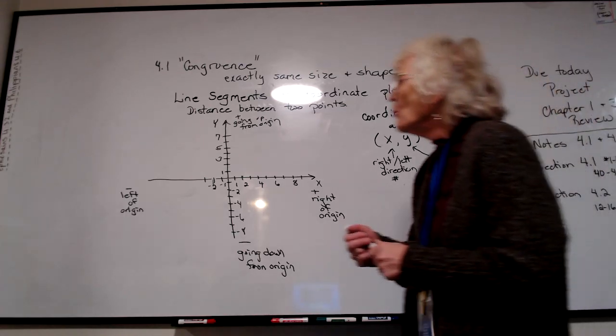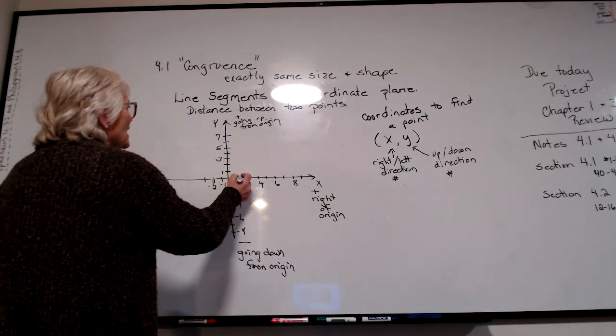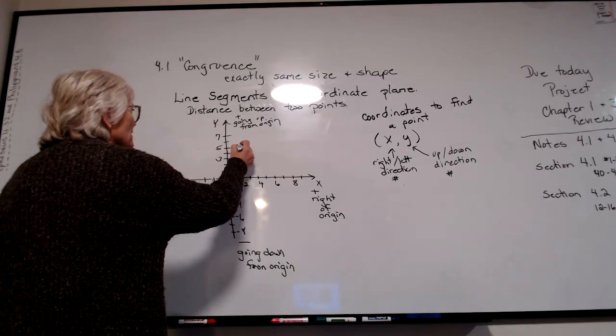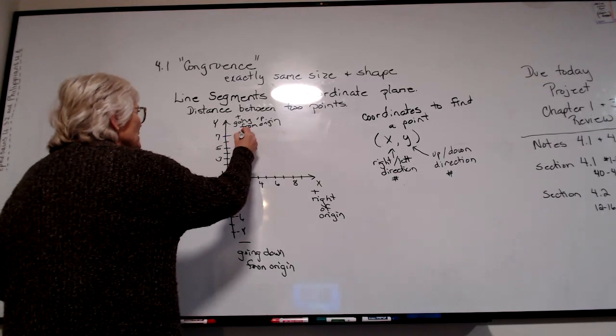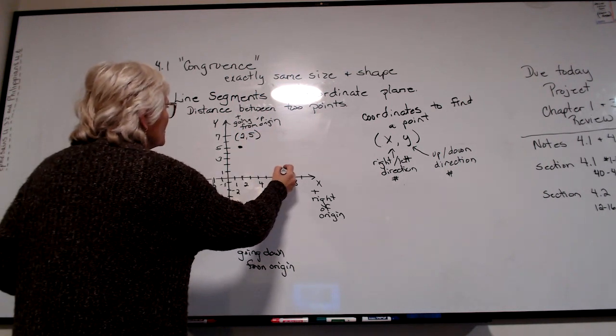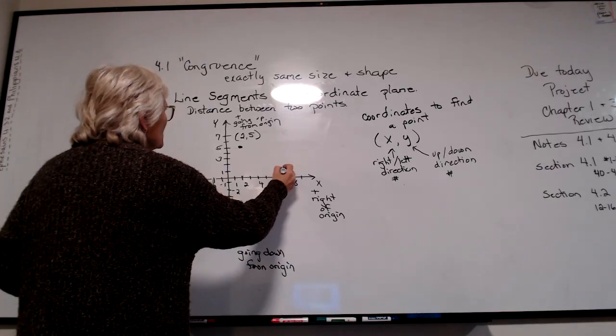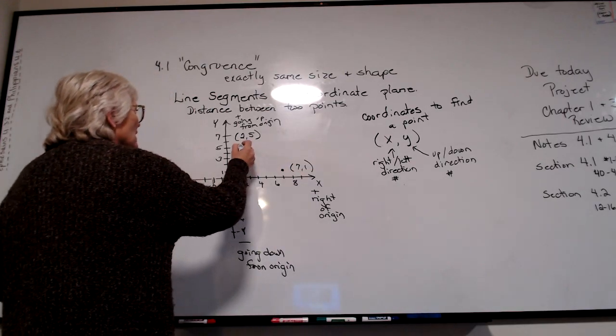Okay, so when we put a point on here, let's say I put the point 2,5. That's 2 over, so this is the point 2,5. And then over here I put a point 7,1, okay?